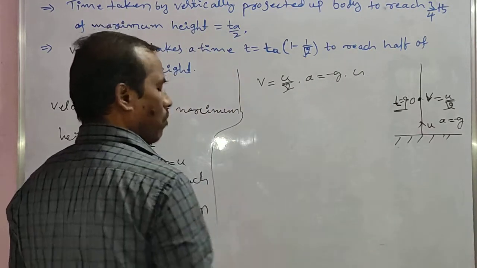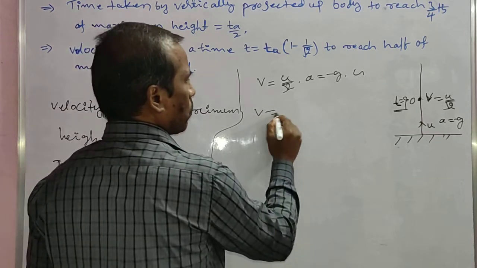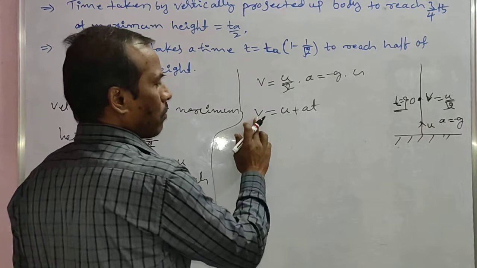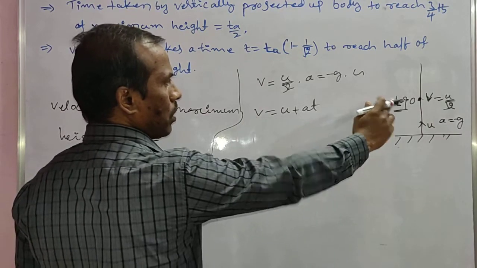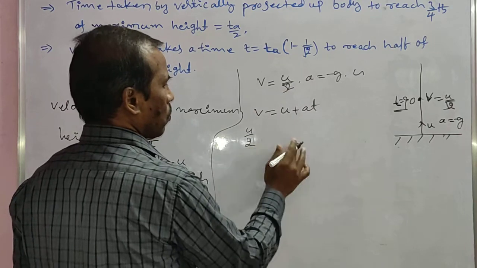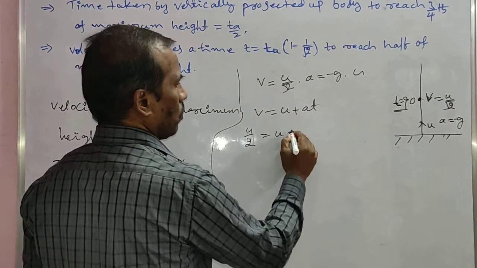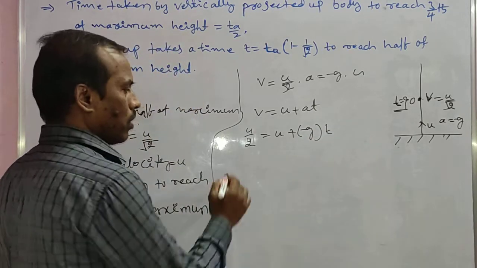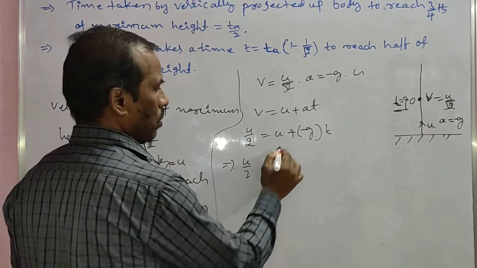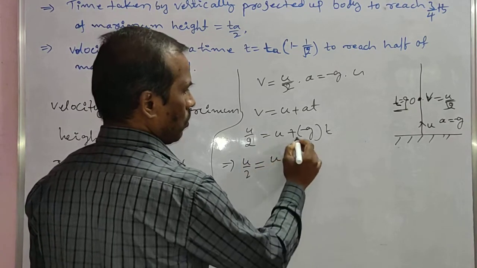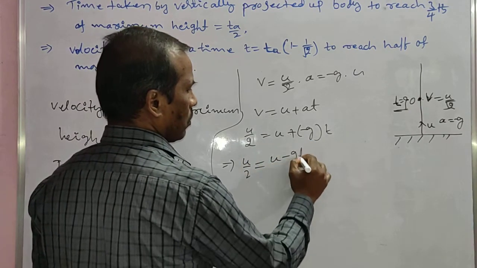According to the formula, v is equal to u plus at. The final velocity at the point to reach half of the maximum height is u by root 2, which is equal to u plus minus gt.